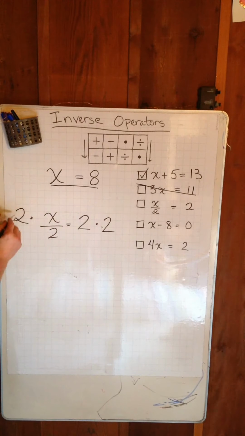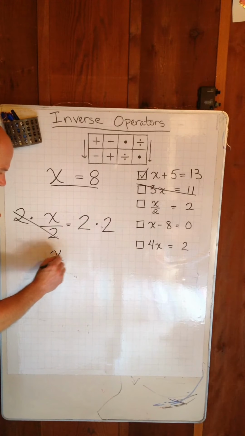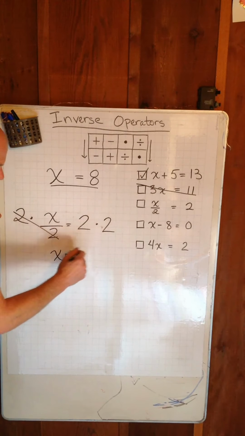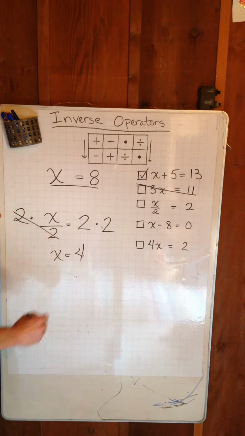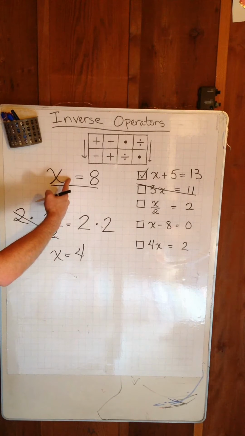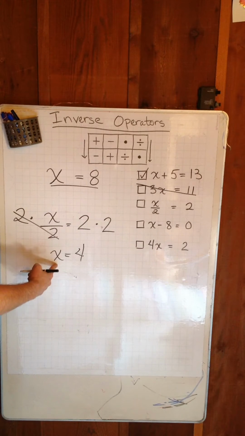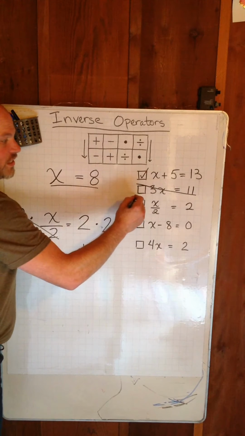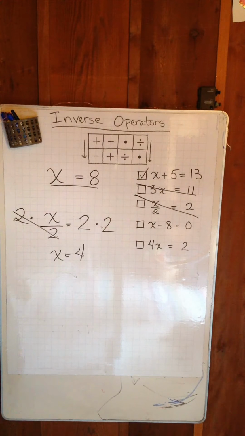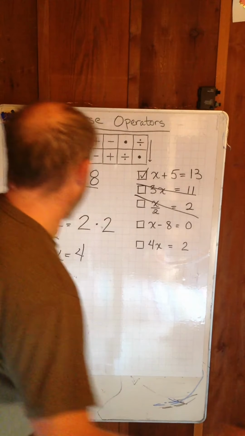Now, we saw that we can cancel these out, and I end up with x equals 2 times 2 is 4. Uh-oh. Did it work? X equals 8. X equals 4. Nope. Okay, now let's try the next one.